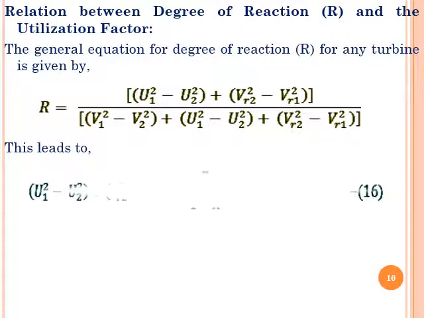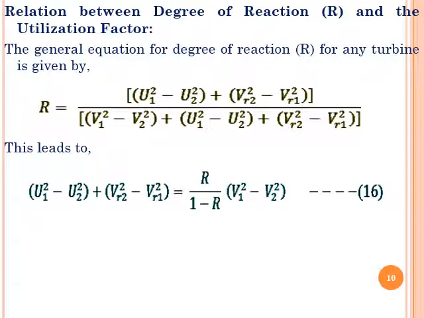U1 square minus U2 square plus VR2 square minus VR1 square is called the static head, and V1 square minus V2 square is called the dynamic head. So according to this expression, that is R by 1 minus R into V1 square minus V2 square.